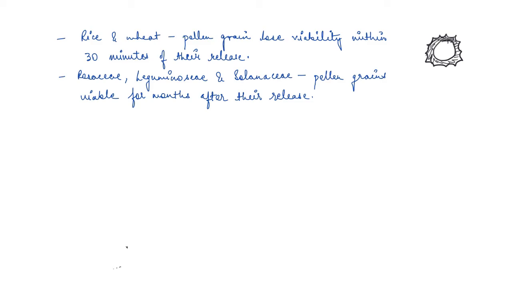Okay, so I hope you understood what exactly microsporogenesis is, and what exactly is a pollen grain, what are its characteristic features, and what are the various uses of pollen grain, apart from the normal use of it in fertilization in plants, right?